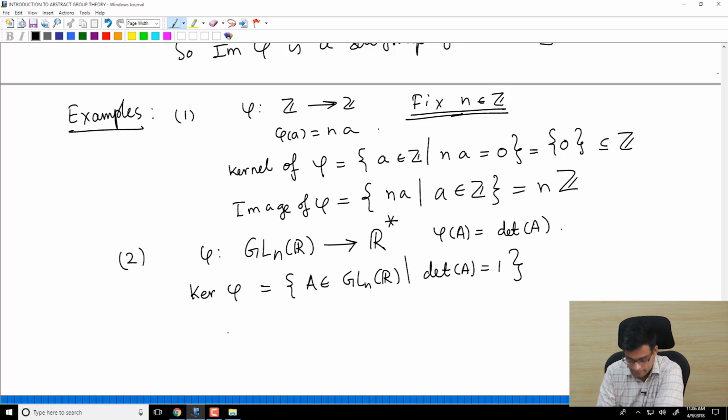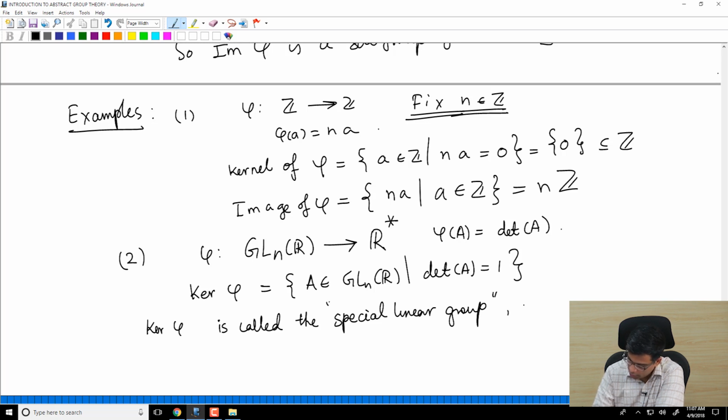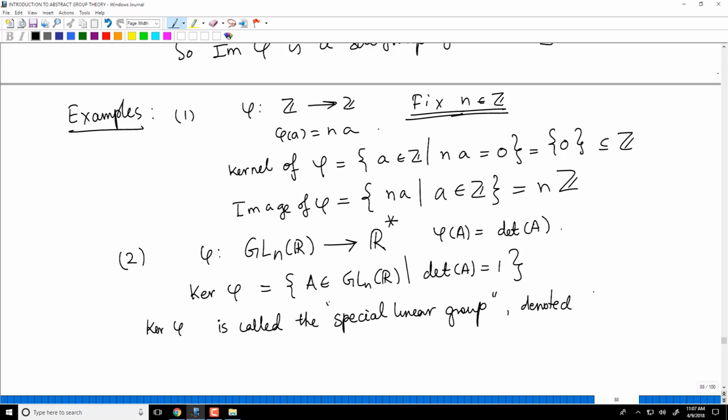This is called the special linear group, denoted SL_n(R). GL_n(R) is called the general linear group.